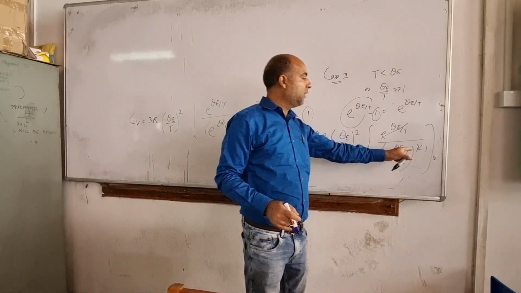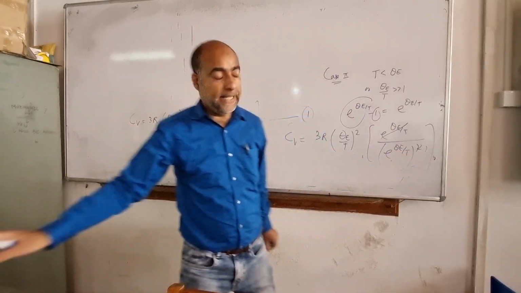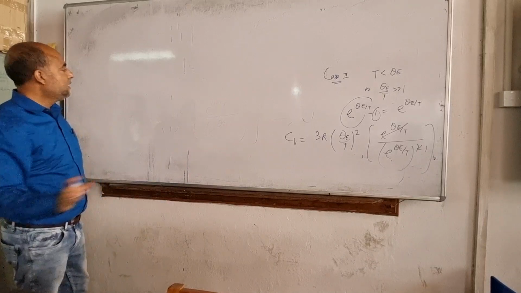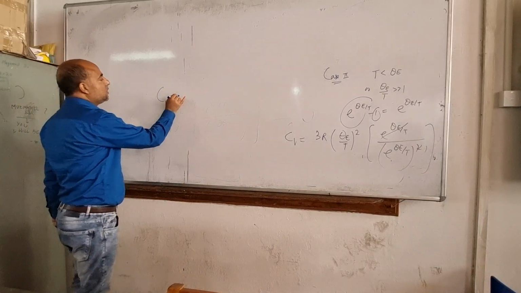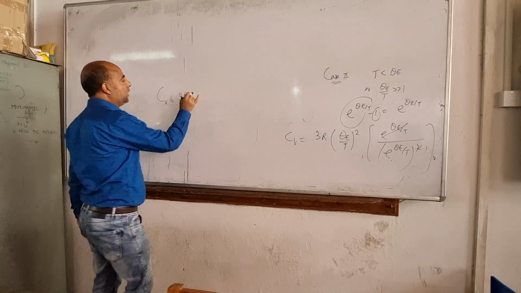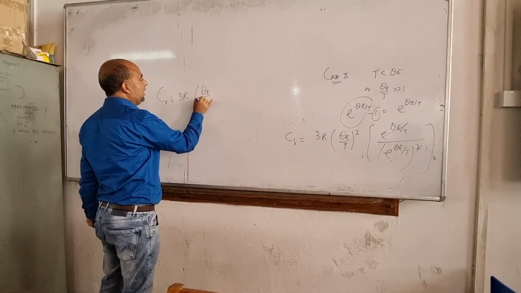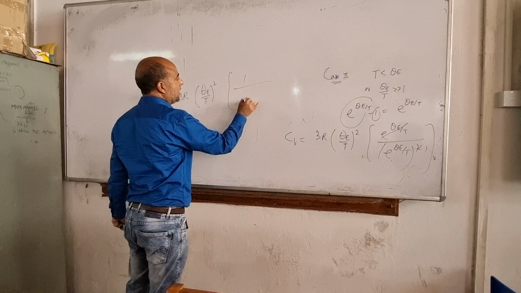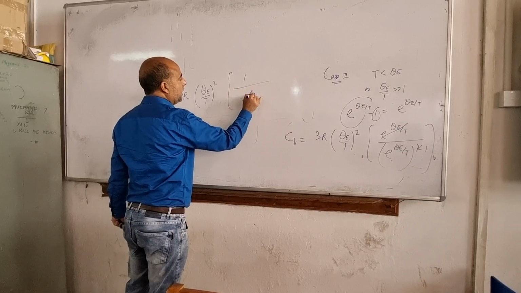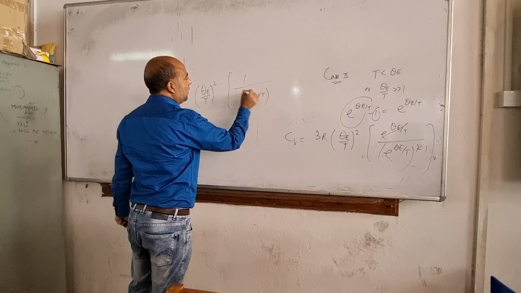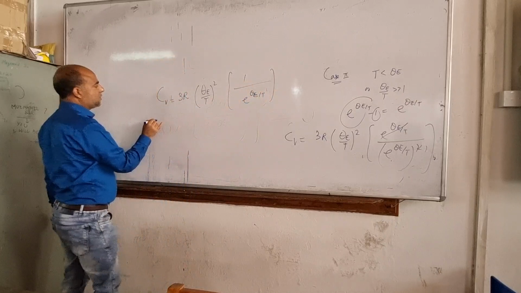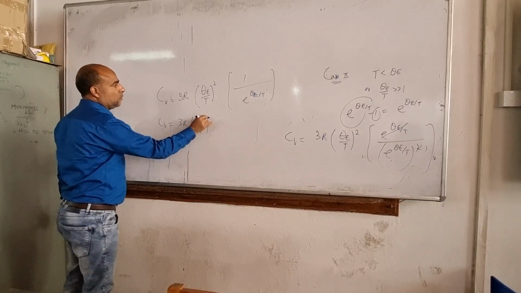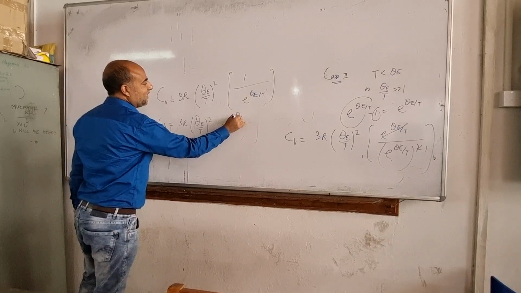E raised power theta E by T will cancel with one e raised power theta E by T. So your result is CV is equal to 3R (theta E by T) square into 1 by e raised power theta E by T, or you can write down this CV is equal to 3R (theta E by T) whole square e raised power minus theta E by T.